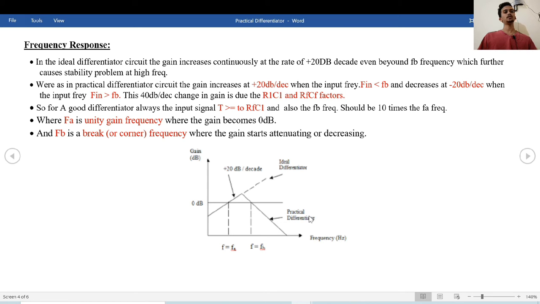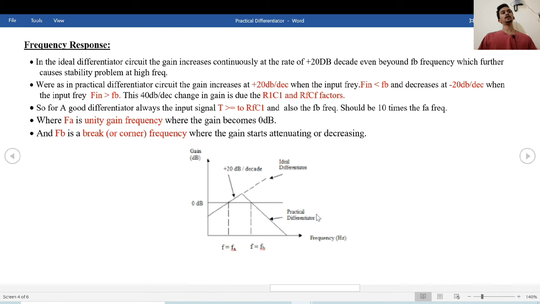For a good differentiator, the input signal time period should always be greater than or equal to the RF into CF component, and also the FB frequency should be 10 times greater than the FA frequency.